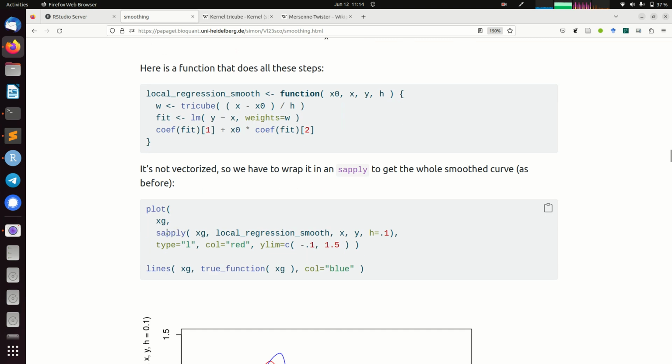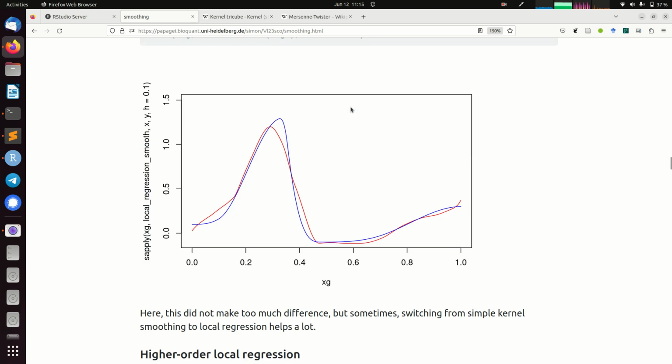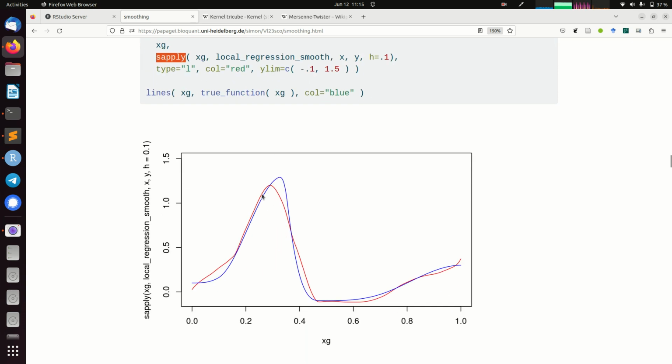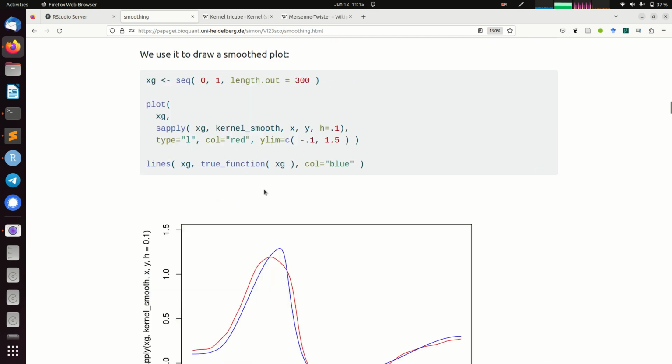And then again, I use my sapply to call this function for all of my 300 values with which I have made a grid from 0 to 1. And now I get this new curve here. And often this then helps us to get a better result. Let's see if this makes a difference.